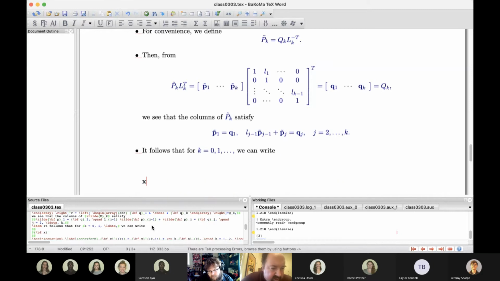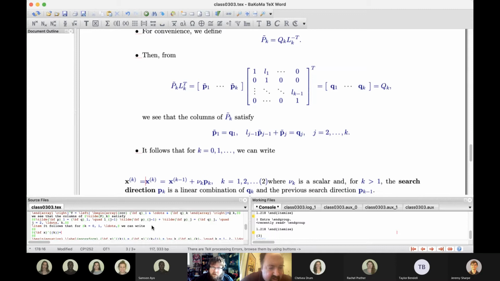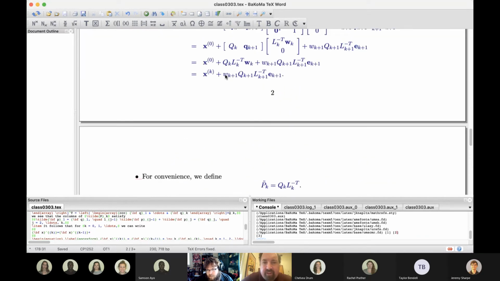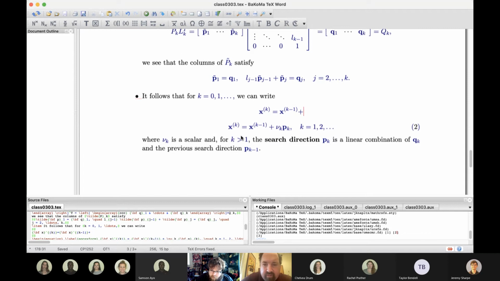Sorry, I just darkened my screen by mistake here. x_k equals x_{k-1} plus, now what I have from before, w_k times p_k tilde, where p_k tilde is P tilde times e_k.